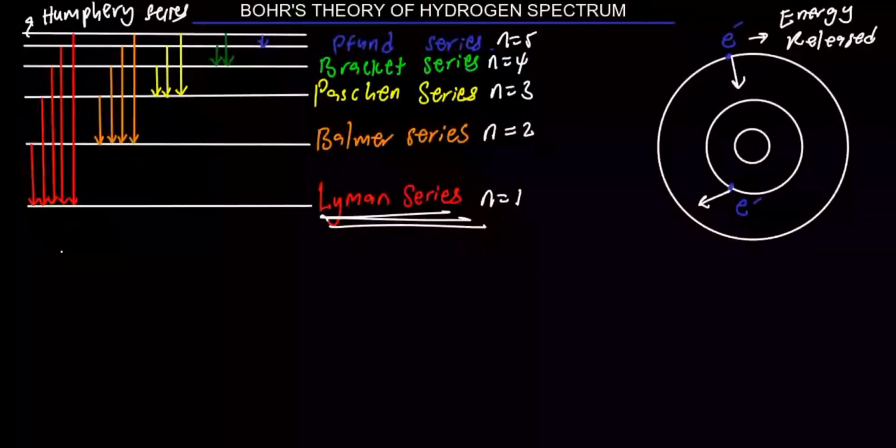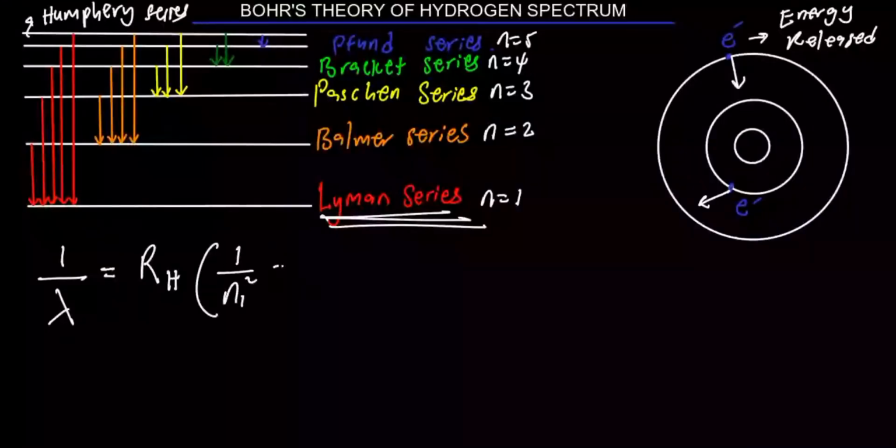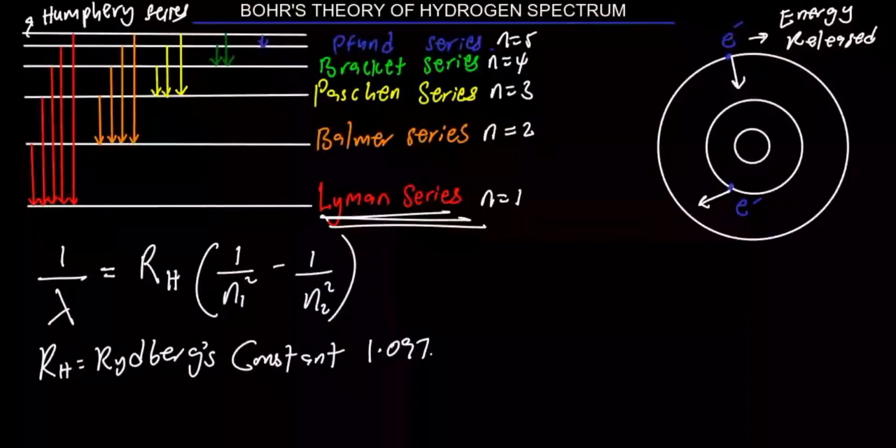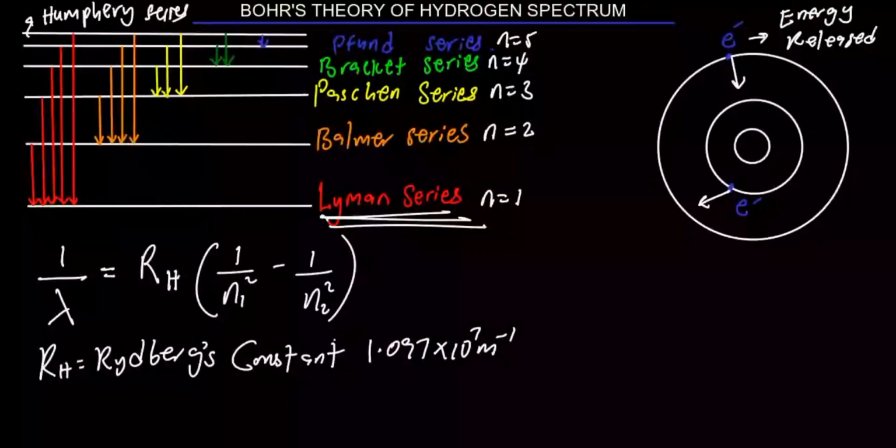To get the wavelength, we have 1 over lambda, which is the wavelength, equals R_H times (1 over n1 squared minus 1 over n2 squared). This R_H is called the Rydberg constant, and this constant is 1.097 times 10 raised to power 7 per meter. Take note that all this quantity here is equal to the wave number.